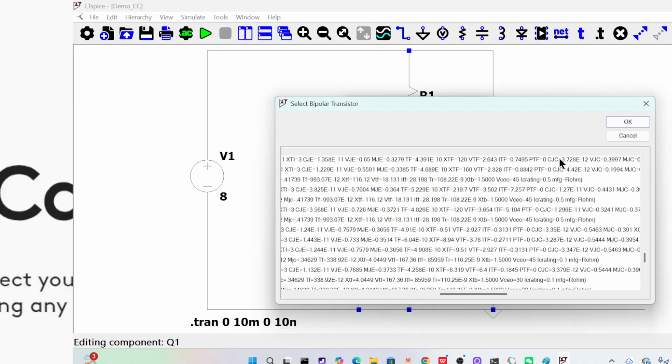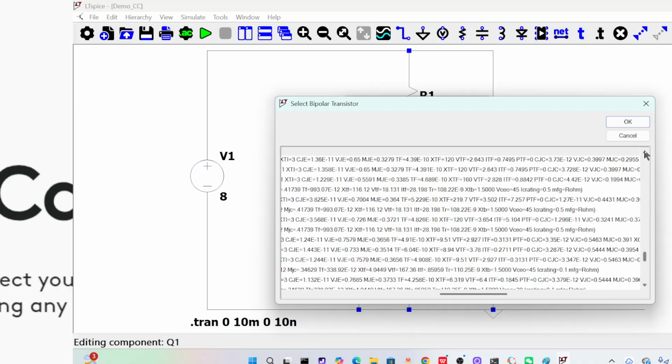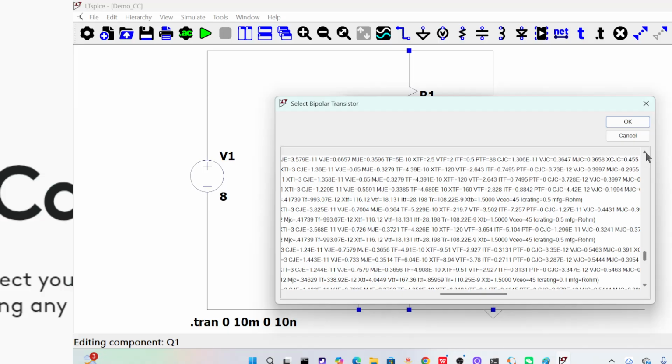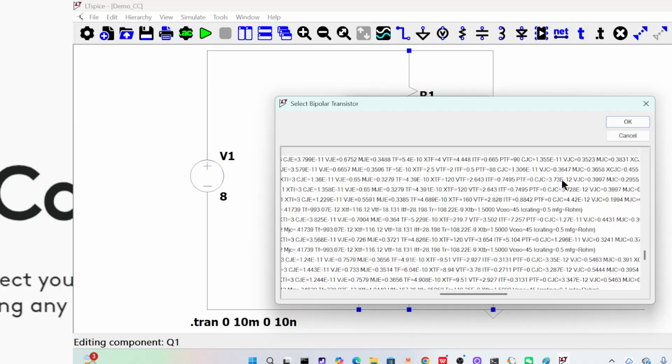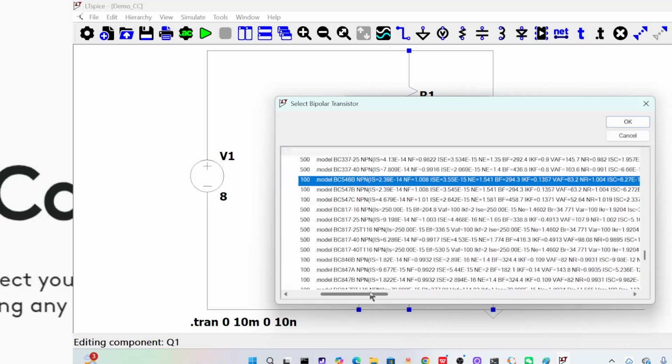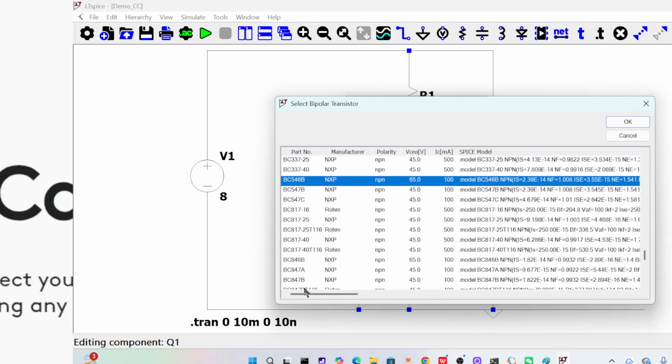So perhaps this is a good one. Let's check whether there's any better one. Most of the transistors here have very low CJC. Okay, I will pick this one.